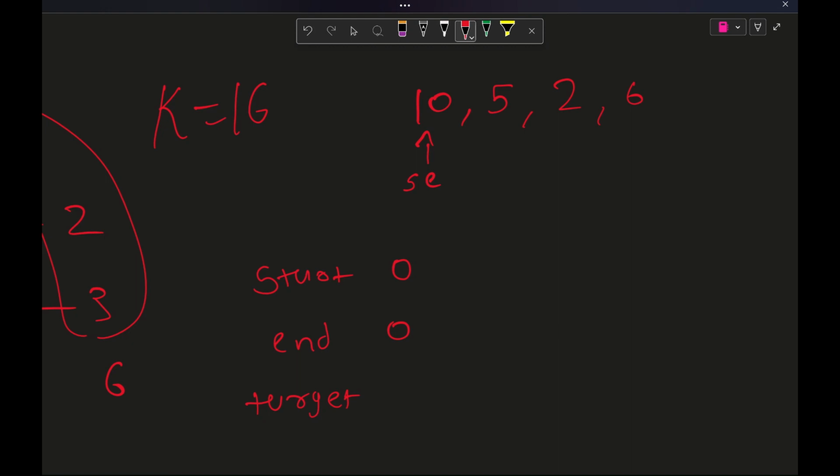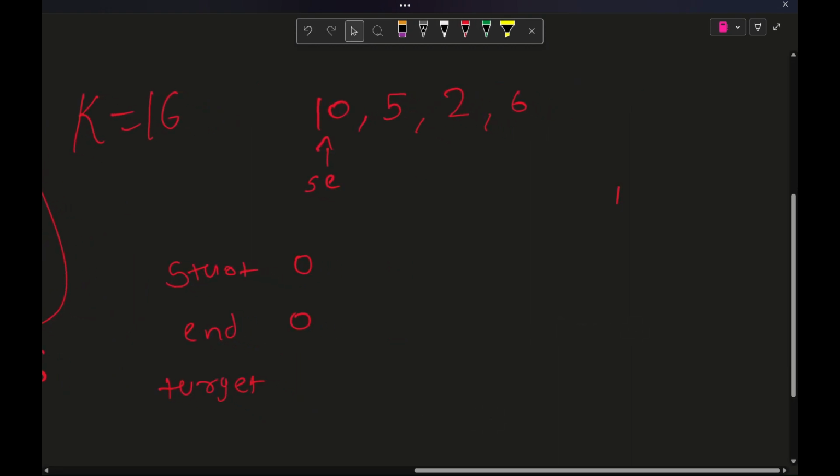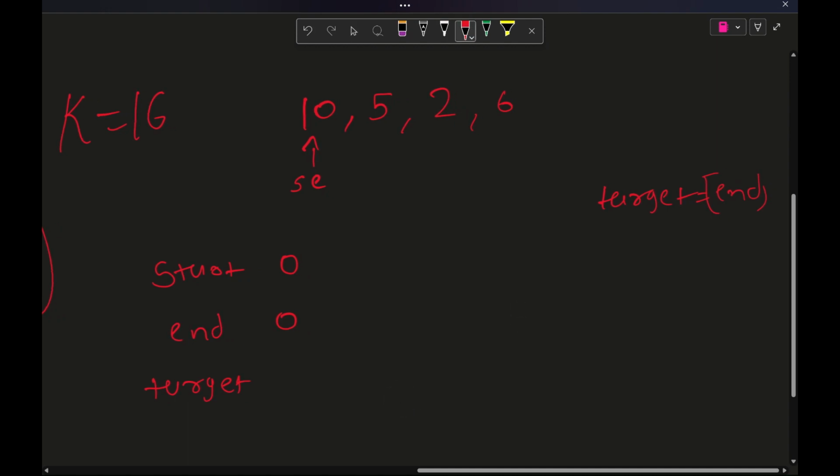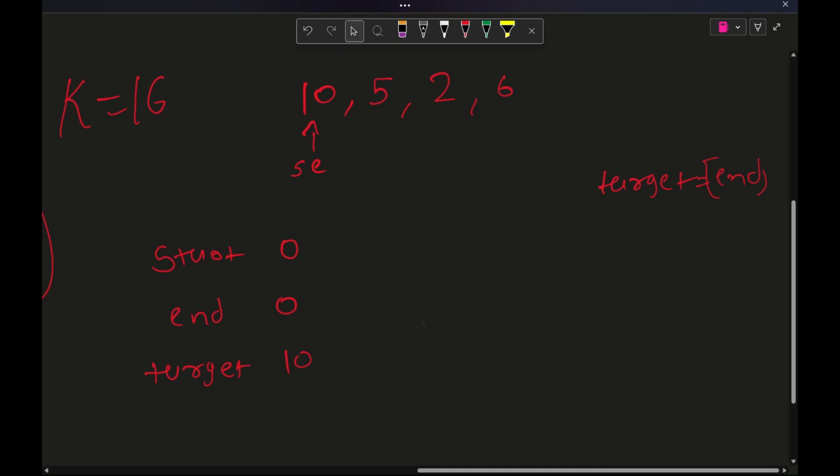We simply do target plus equal to the value of end, the value which end is pointing to. So we add 10. Now we check whether this is less than k.